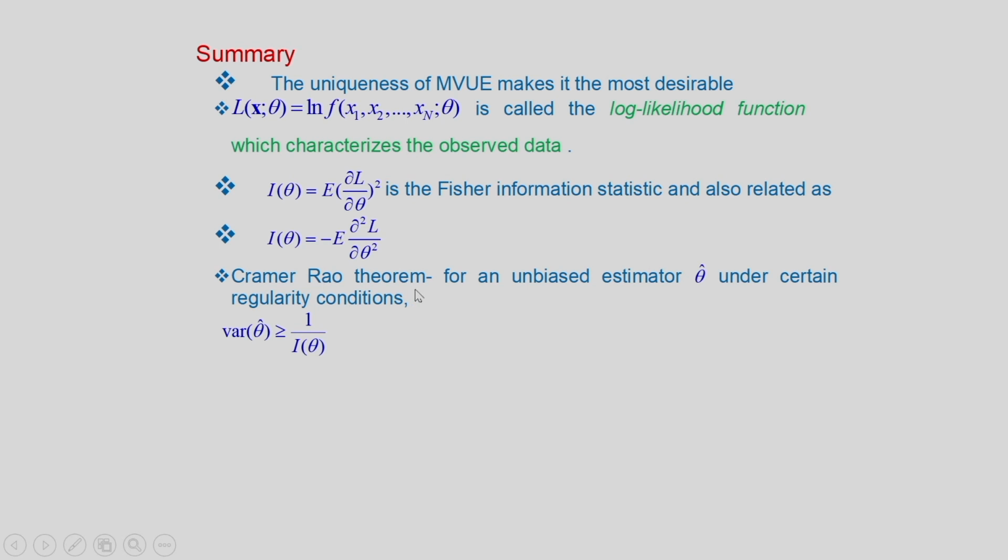The Cramer-Rao theorem, which we also established: for an unbiased estimator theta hat, under certain regularity conditions, the variance of theta hat is greater than or equal to 1 by I theta, where I theta is given by this Fisher information statistic.